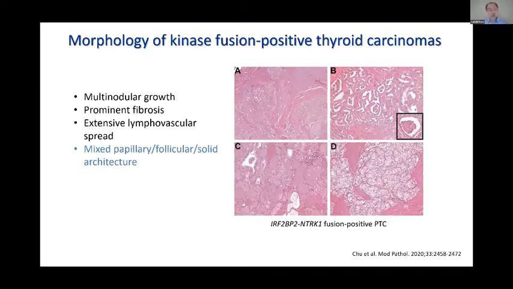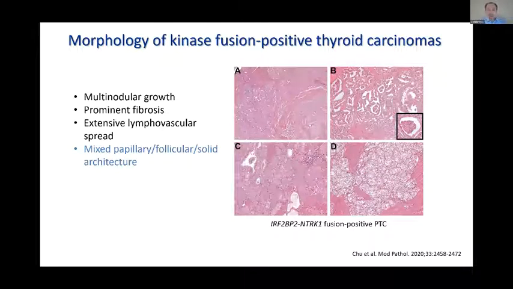A few words about kinase fusion positive thyroid carcinoma. Again, this has become a very hot topic in the field because of the availability of specific inhibitors. So how can we morphologically predict that a certain tumor may carry a fusion such as NTRK or RET or ALK fusion?